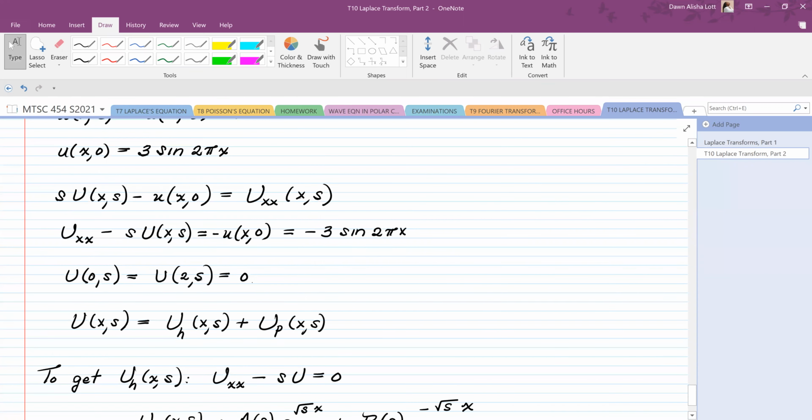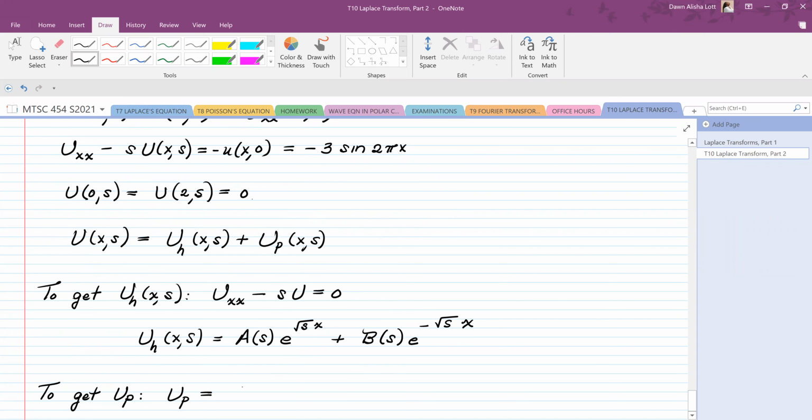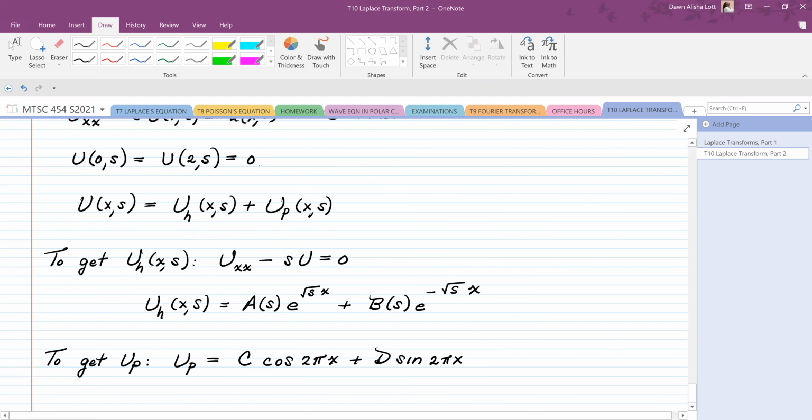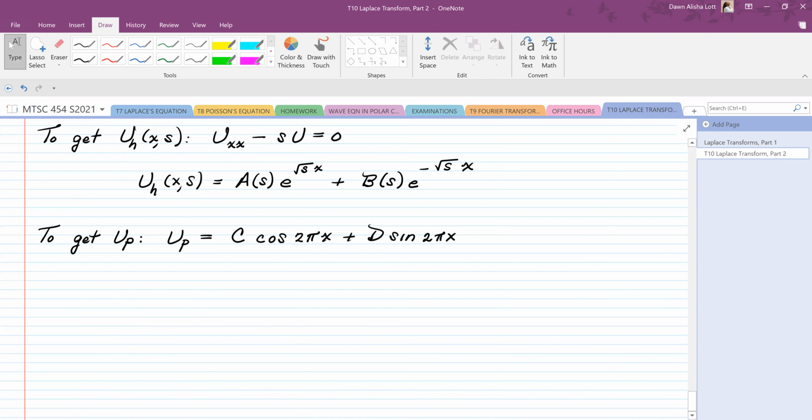So U particular is equal to some C times the cosine of 2 pi x plus some D times the sine of 2 pi x. Now, we can work this out, but I don't know if you remember from before, because the function and its second derivative are the same, we kind of already know that C is going to be 0.